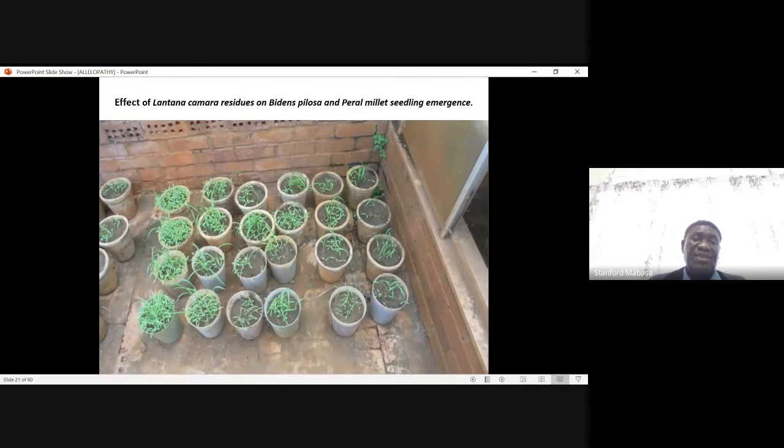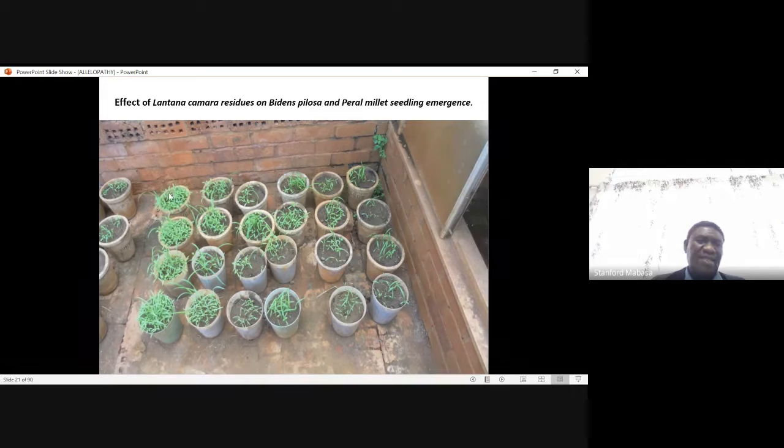Now, in these pots, he planted the pearl millet and incorporated Lantana camara biomass. On these pots here, there is high biomass of Lantana camara, and it tended to suppress Bidens pilosa, while pearl millet was affected only a bit.